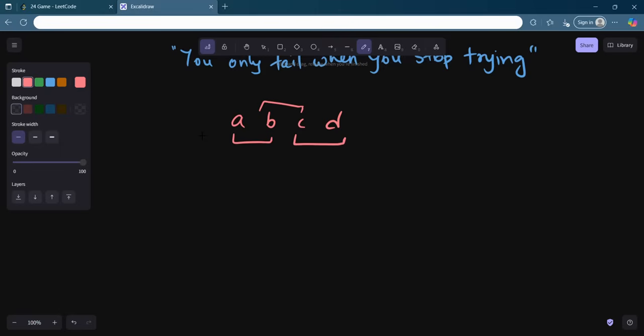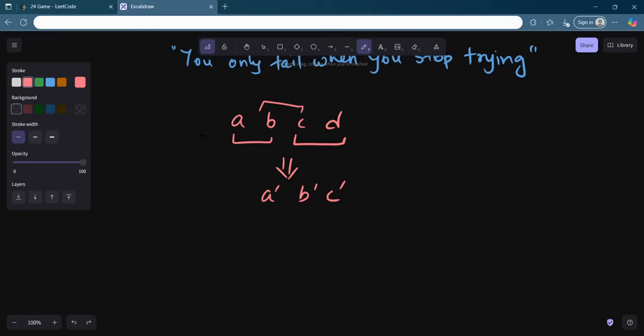After performing the operation, you will be left with 3 numbers, a dash, b dash, c dash. Let's say you performed an operation between B and C, then your A becomes A dash, that operation on B and C becomes B dash, and this D becomes C dash. I hope you understand what I'm trying to say.